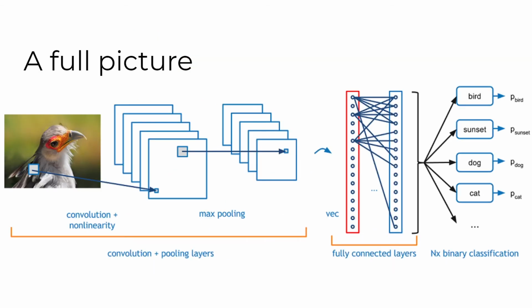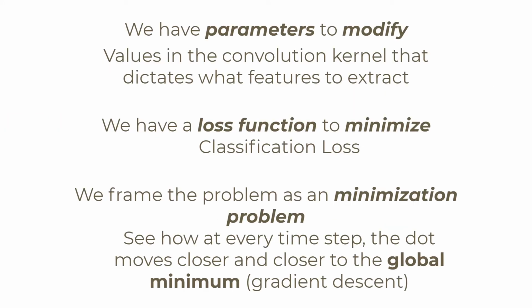Now, in the case of convolutional neural networks, the parameters to modify are the values of the convolutional kernels that dictate which features to extract. Remember, the values of the convolutional kernels can detect edges or detect curves.